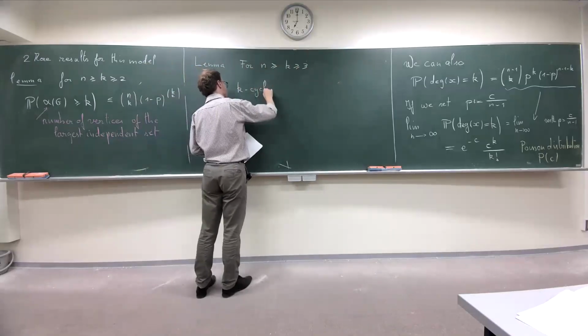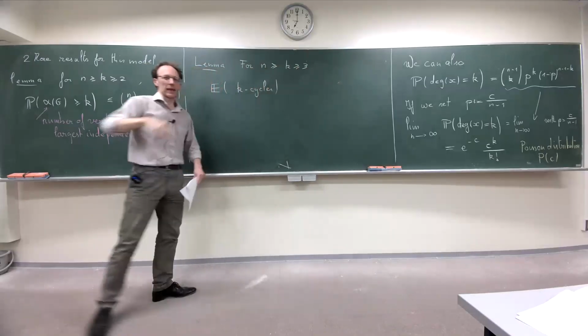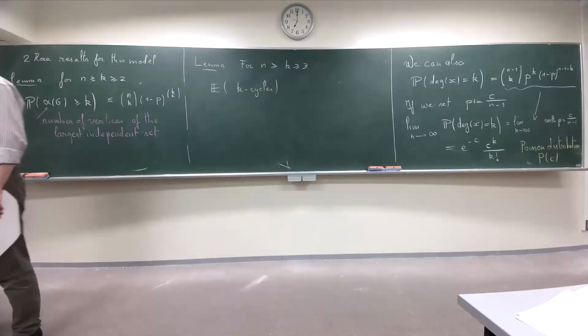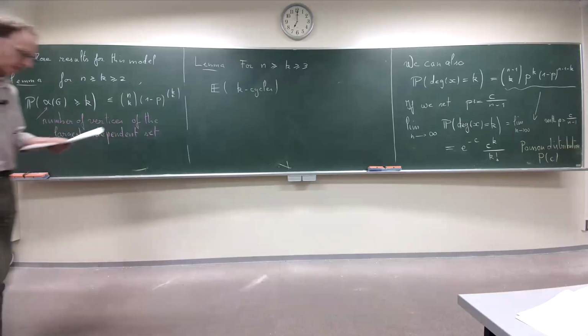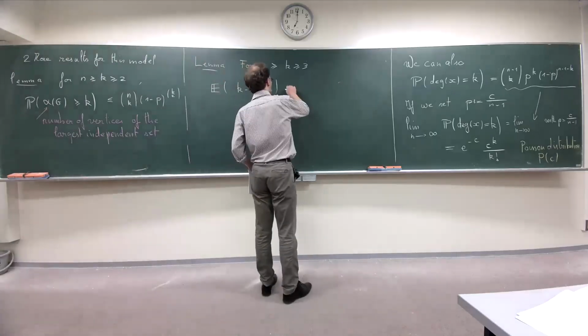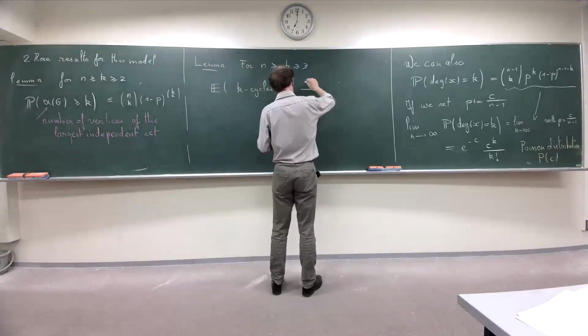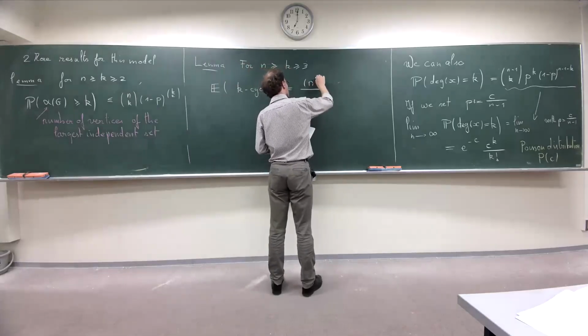What is a k-cycle? A k-cycle is a cycle of length k. So you can wonder in this graph, what is the expected number, on average, of how many cycles you have. And again, you have a formula, and it allows me to introduce a notation.